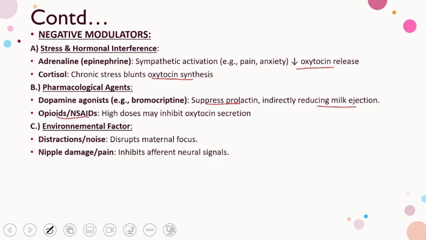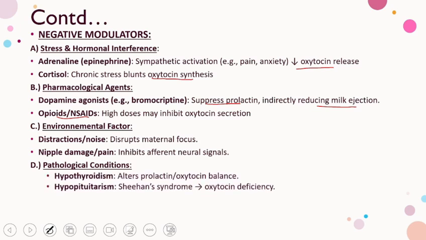And next is nipple damage, where pain inhibits the afferent neural signals, and pathological conditions can also lead to reduced release of oxytocin, like hypothyroidism that alters the prolactin or oxytocin balance, and hypopituitarism, Sheehan's syndrome.